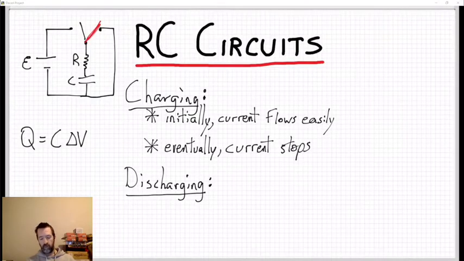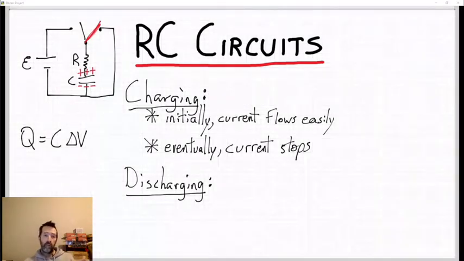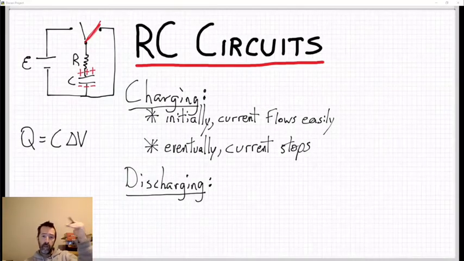So if I throw the switch over there, as soon as I do that, the charges that are built up on the plates, let me draw in my pluses and minuses again. Those pluses and minuses now have an escape route. When they were connected to the battery, the EMF of the battery was preventing them from flowing back or equalizing.